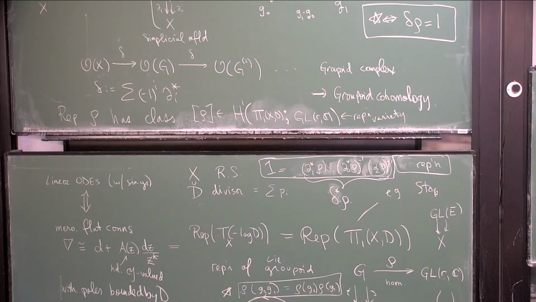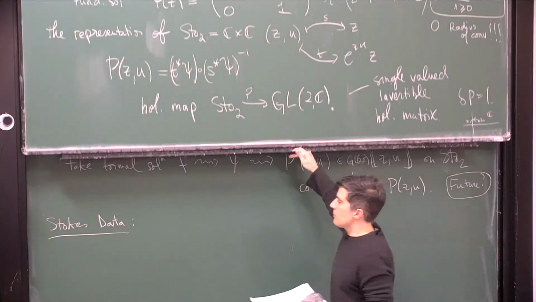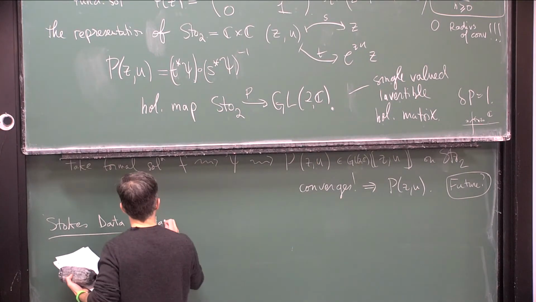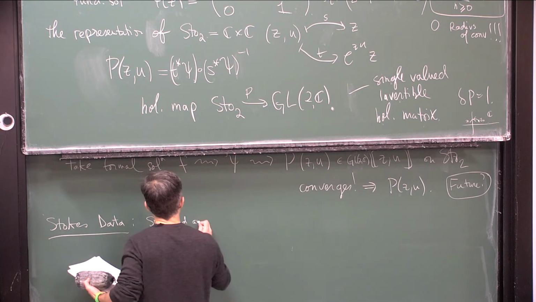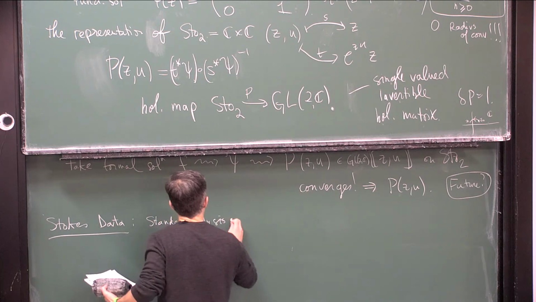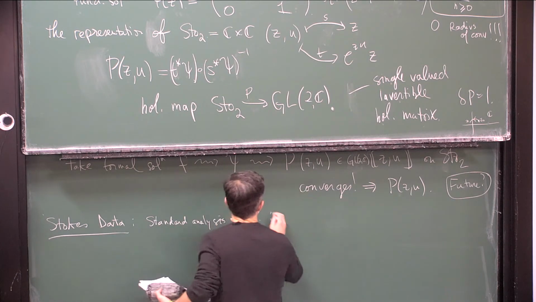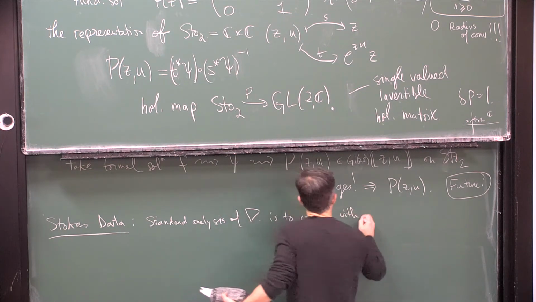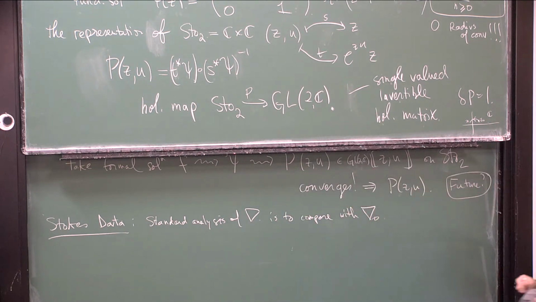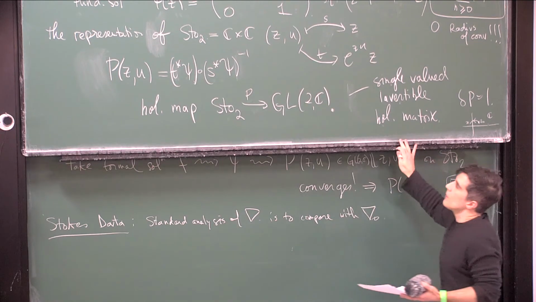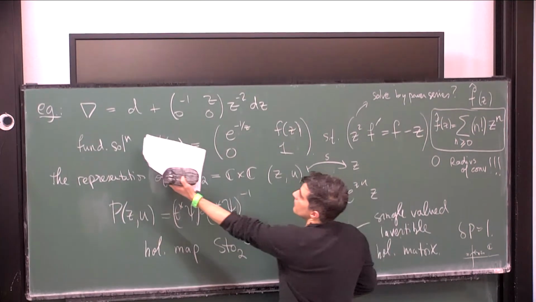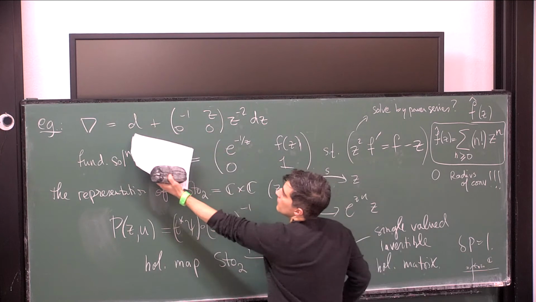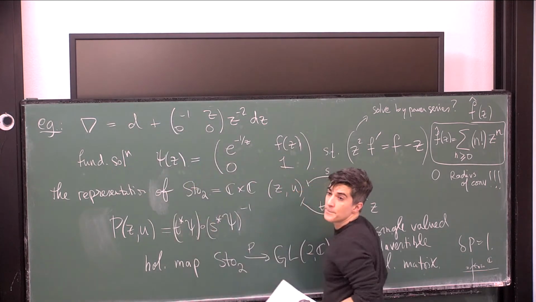But the standard analysis of this connection is to compare it with what I'll call nabla knot, which is a connection very similar to this one, but which is diagonal.